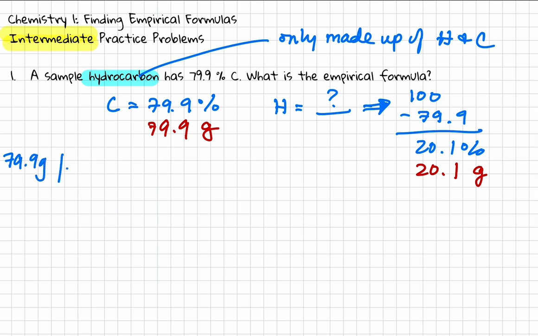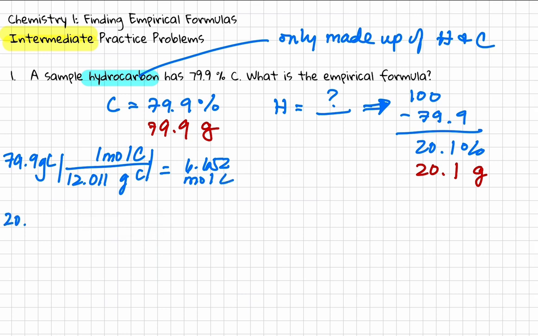79.9 grams. We're going to do our dimensional analysis of carbon, which is equal to 6.652 mole of carbon, and then 20.1 grams of hydrogen using dimensional analysis.